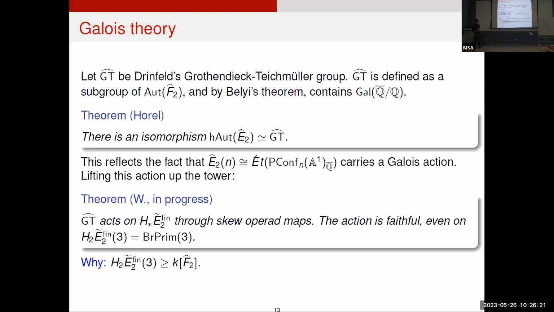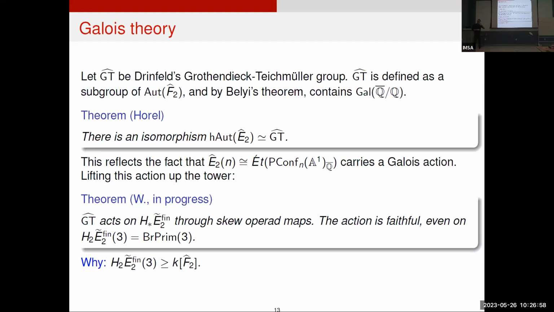So the depressing news is that the absolute Galois group, or the Grothendieck-Teichmüller group, although it acts on this in a structured way, the action is faithful, even on the simplest non-trivial part of the homology, the third term of the top homology of E2. That's because you can prove that the group contains a copy of the group acting on F2 hat, and if GT acts faithfully on F2 hat, then it acts faithfully on this.